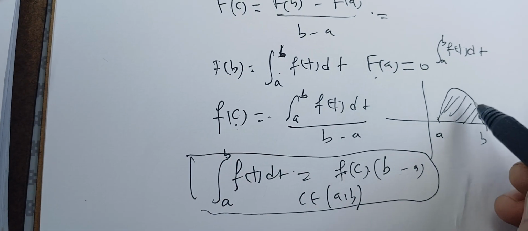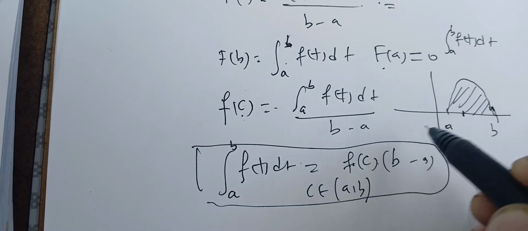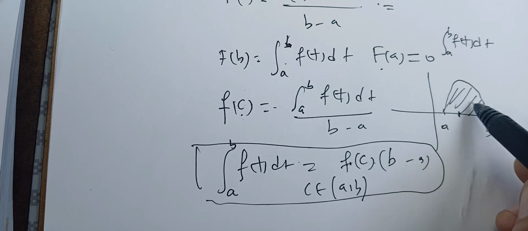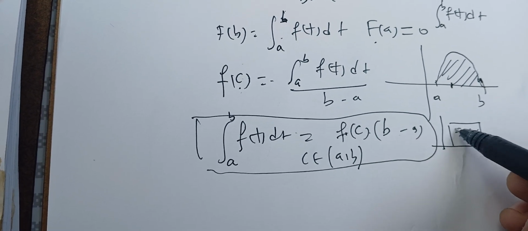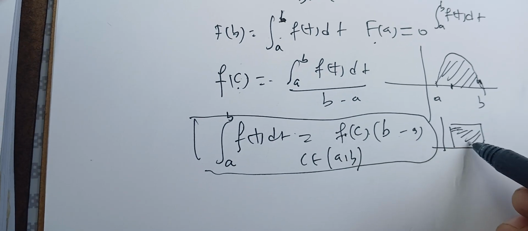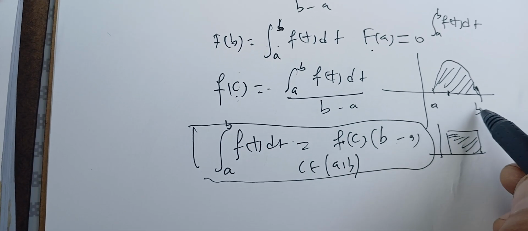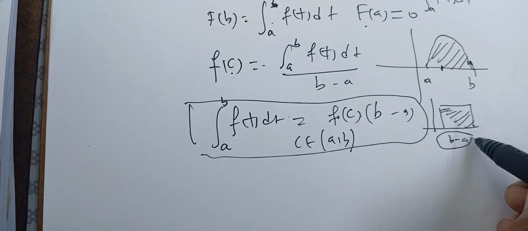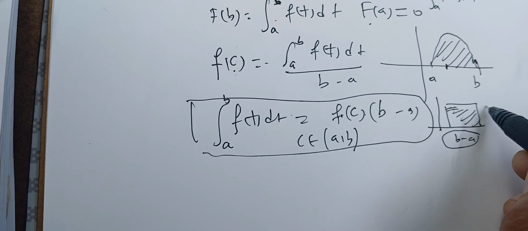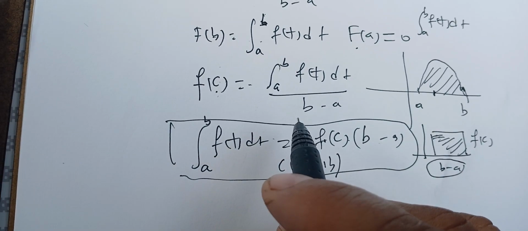There is some value c in this interval such that this area can be made similar to a rectangle. In this case, the area is b minus a, which is the width of this rectangle, times the height, which is f of c.